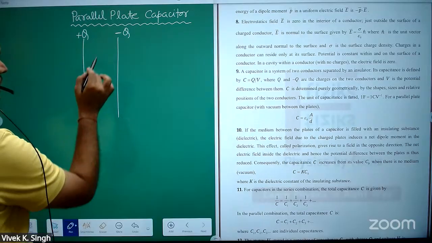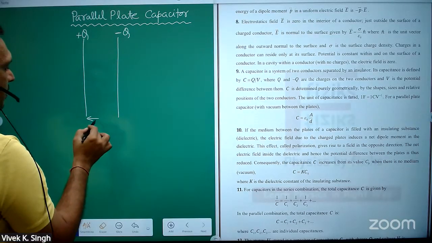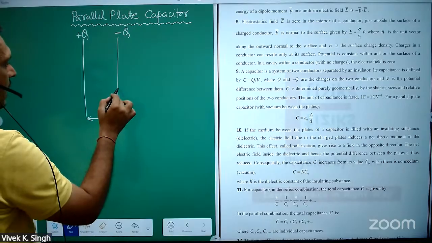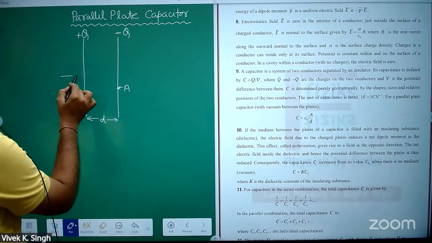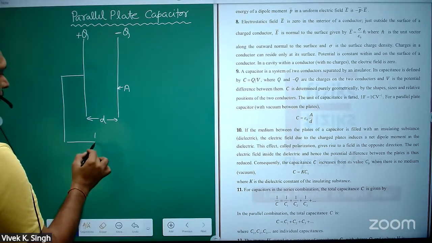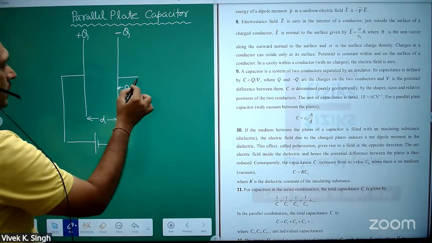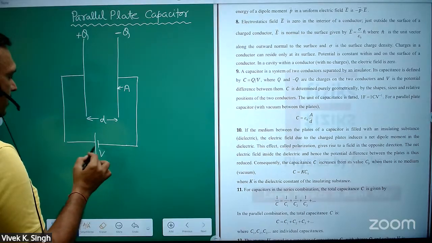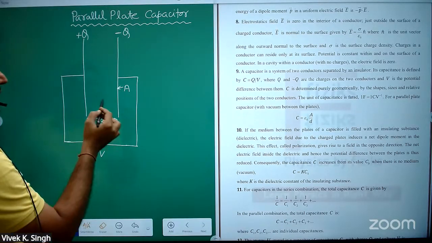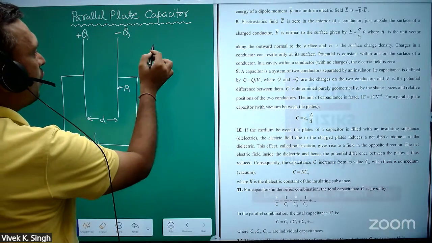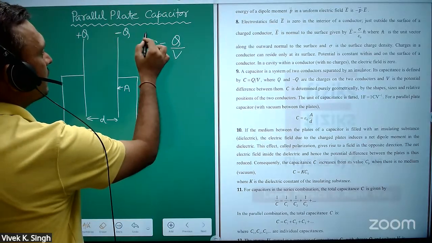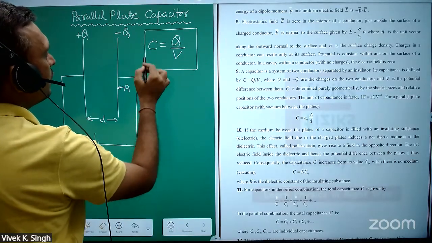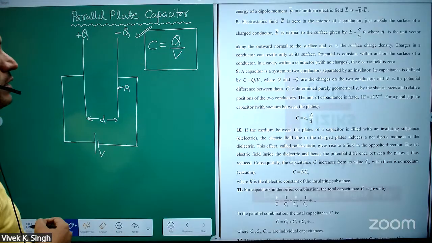Their separation is d, and plate area is A. When it is connected with some supply voltage, let's say V, then you will see Q by V is a constant value, and that constant defines its capacitance.